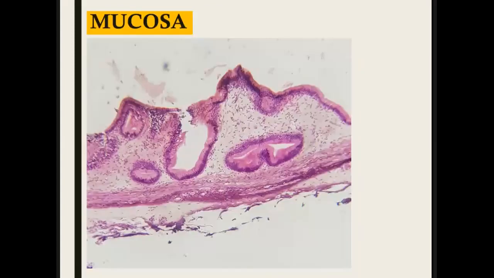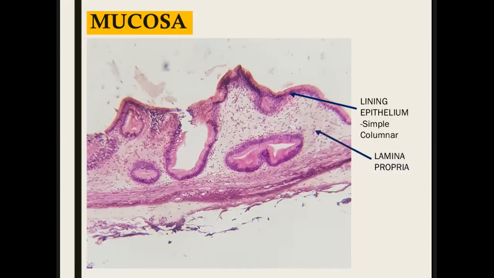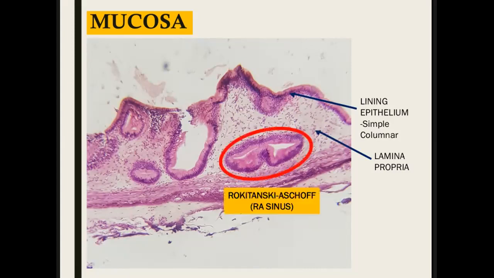Its mucosa's lining epithelium is described as simple columnar epithelium. It also has a sublayer of mucosa, which is your lamina propria. The characteristic feature of your gallbladder is found in the lamina propria: the Rokitansky-Aschoff sinuses, or simply RA sinuses.